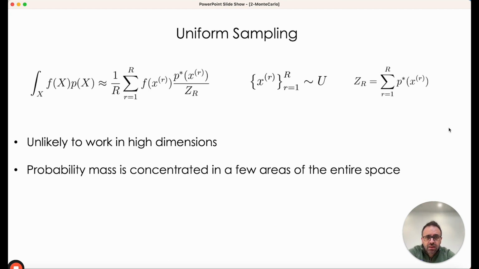Unfortunately, this method also is not going to work in high dimensions, because whenever we face a high dimension problem, what tends to happen is that big masses are going to be concentrated in a few areas. In other words, it's hard to be smooth in high dimensions.